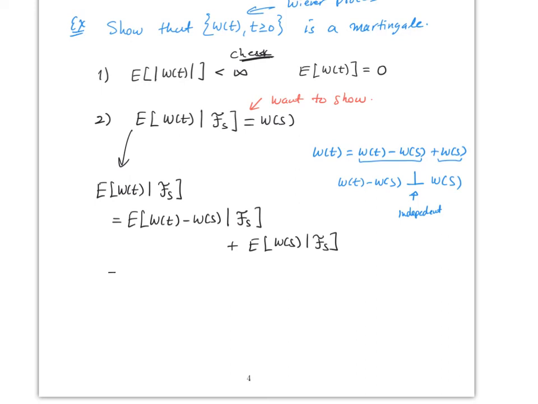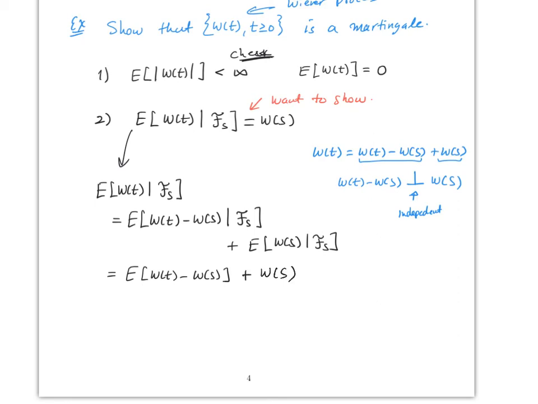And from the rules of expected values that we did before, since these two are independent, this is just the expected value of W_t minus W_s. And here, since this is measurable with respect to s, which means you already know this by time s, this is just equal to W_s.